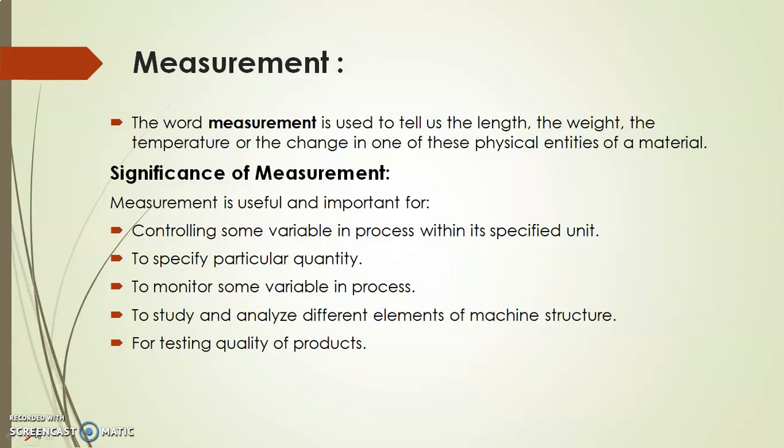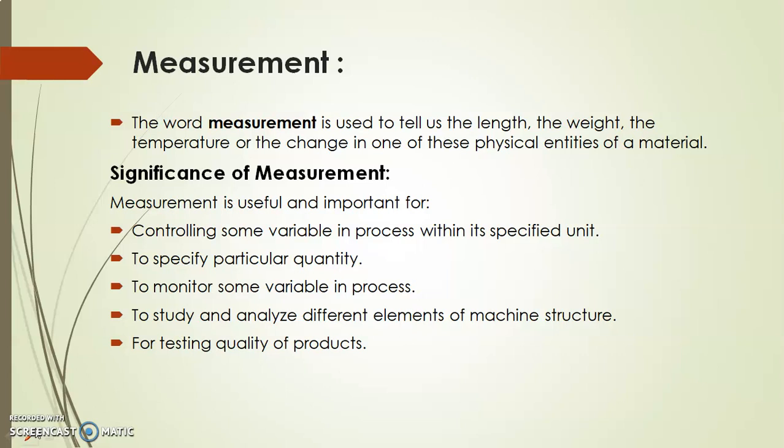The word measurement is used to tell us the length, the weight and the temperature or the change in one of these physical entities of a material. Now, why is measurement useful and important? That is the significance of a measurement.